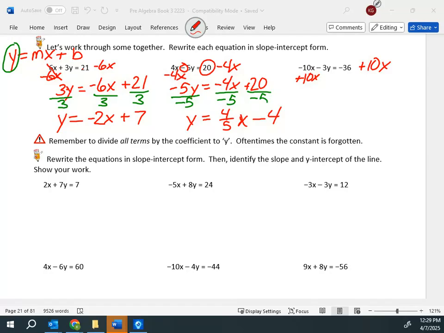Do you know, Robbie? If I take away that -10x plus 10x, that zeroes out. So if I zero this out, what do I start my equation with? Yeah, negative 3y. And what's that going to equal? So remember, we want to put it into the mx plus b, so we want to move that x to the front. So it's a plus 10, which is a positive 10x.